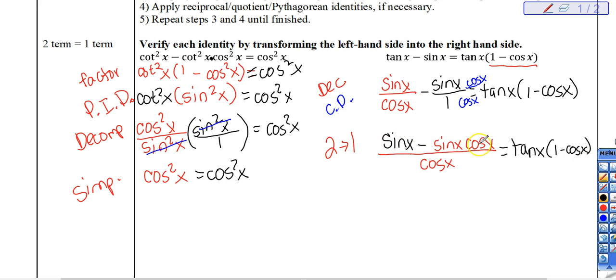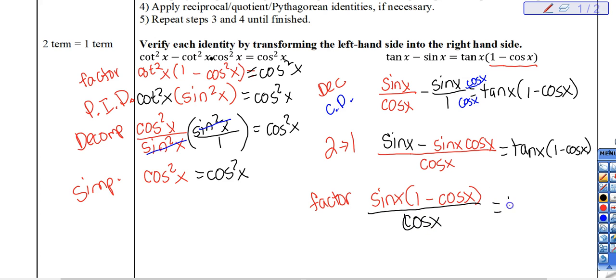Look at it. Sine of x, right? So in my next step, what I'd like to try is factoring. This is still step 3 in my simplification process, factoring something I could do. So I can take sine of x out, and that leaves me with 1 minus cosine x over cosine x. Okay, and that equals tangent x times 1 minus cosine x.